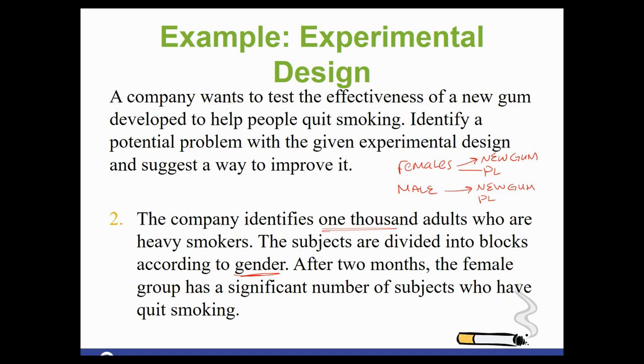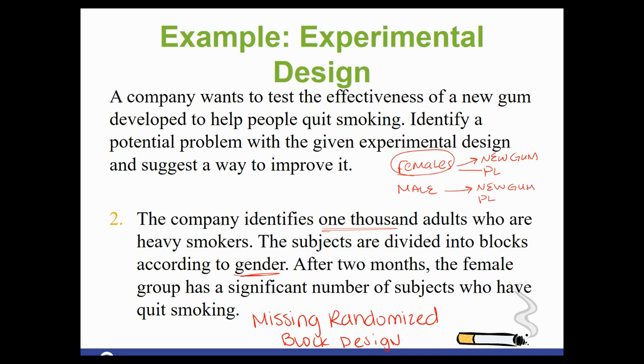Because at the end it says after 2 months, the female group has a significant number of subjects who have quit smoking. So are we just talking the females all together? New gum, placebo? It doesn't really give us much information there. So it's like we're missing part of that randomized block design. It's not like fully thought through there.